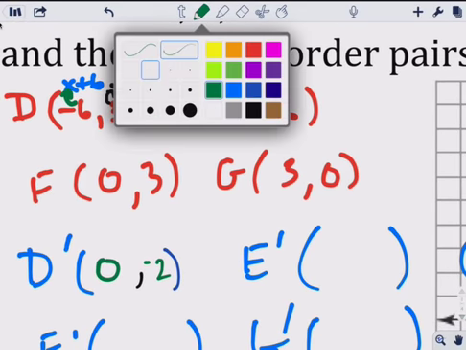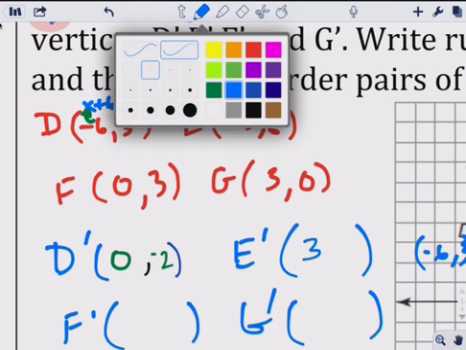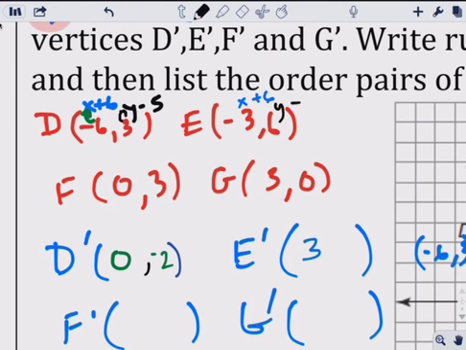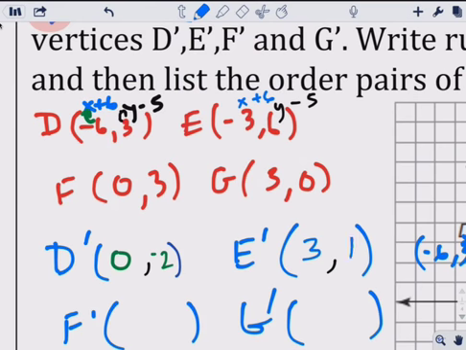E, just follow those rules and you get your answer. X plus 6, that's a positive 3, and y minus 5, that's a 1, right there.